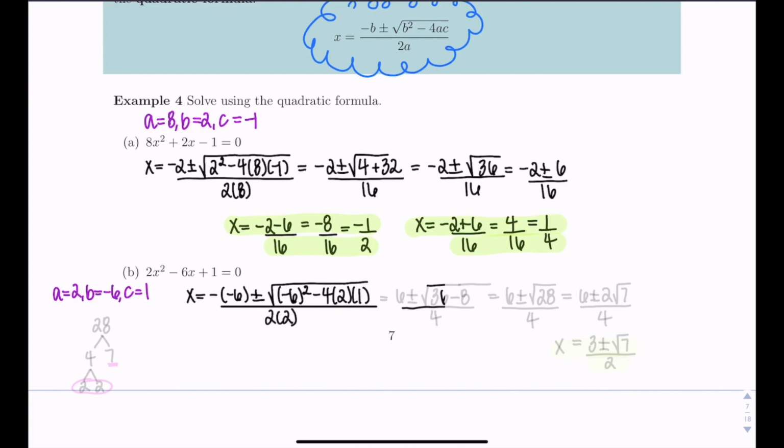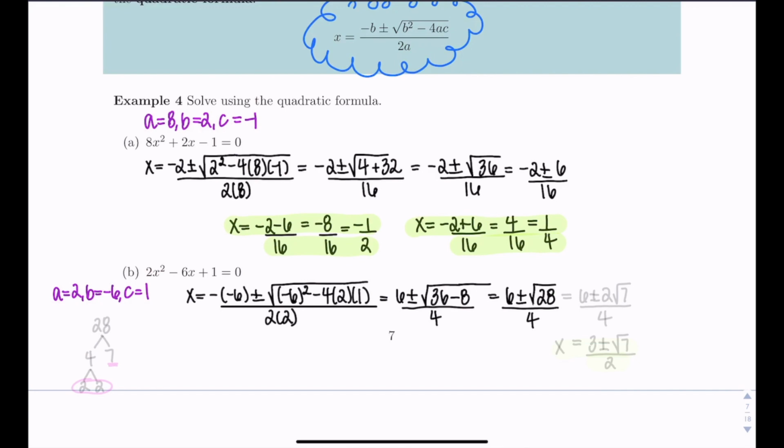So let's simplify a little bit. -6 gives us a +6, plus or minus the square root. -6 squared is 36. And -4 times 2 times 1 is just -8. All over 4. Well, 36 minus 8 gives me plus or minus the square root of 28 all over 4.